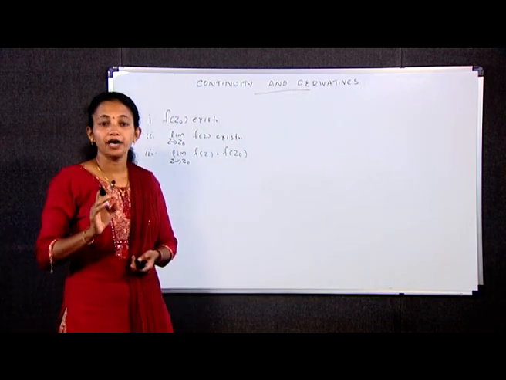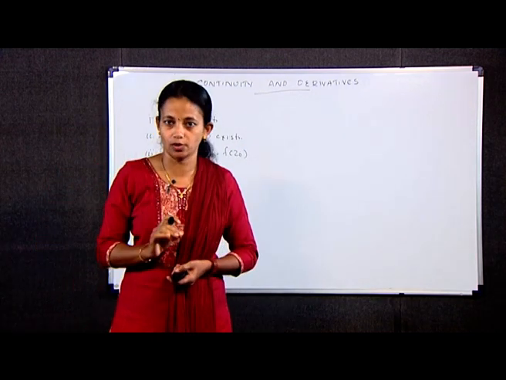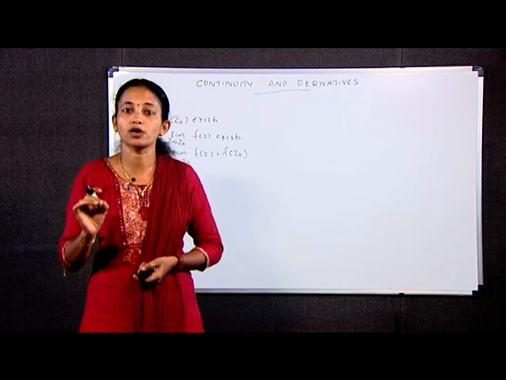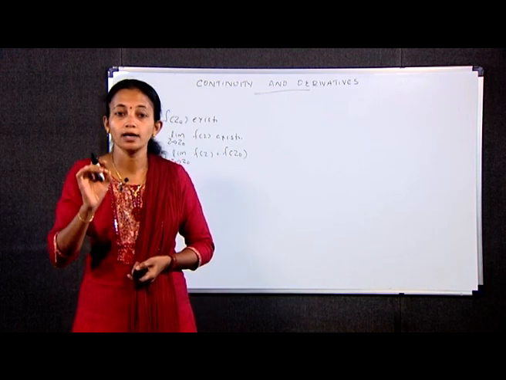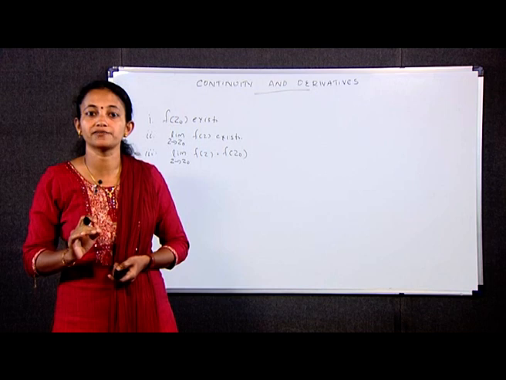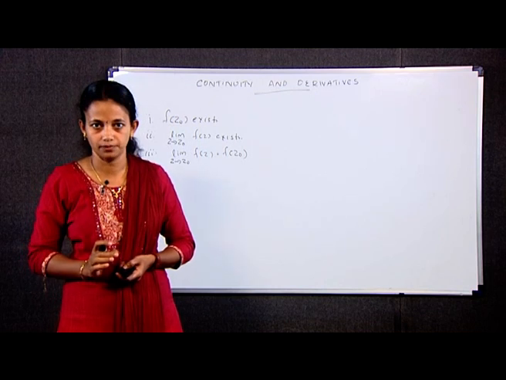That is, f is continuous at z0 if f(z0) is defined and also limit z tending to z0 of f(z) is equal to f(z0).